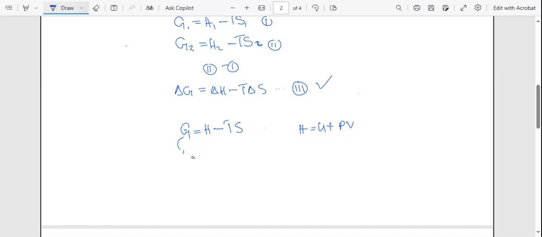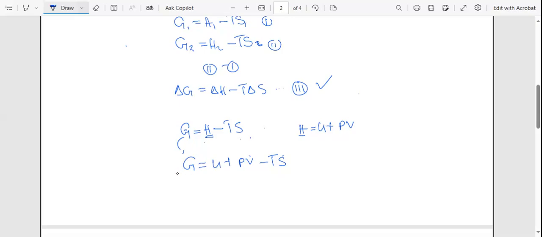I'll say G equals, wherever there's enthalpy, I'll put internal energy plus PV, then minus TS. I've just substituted the H.